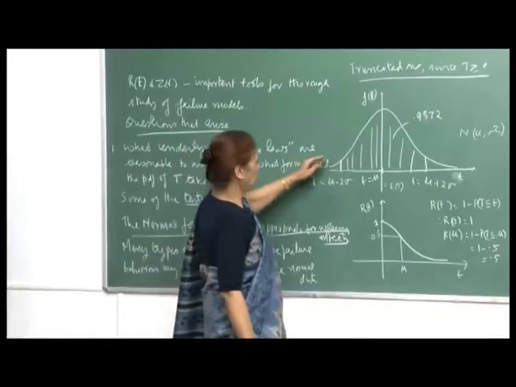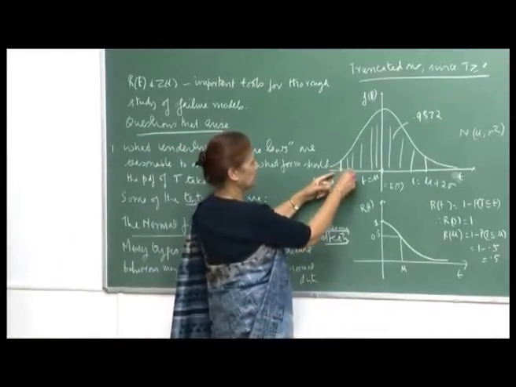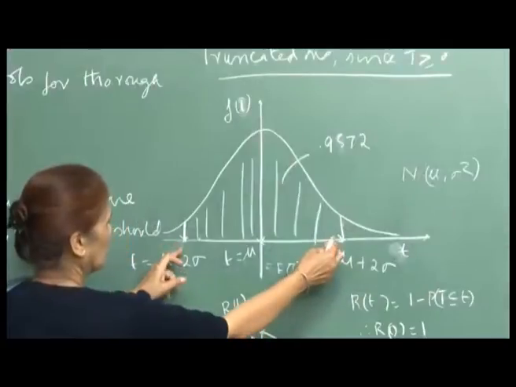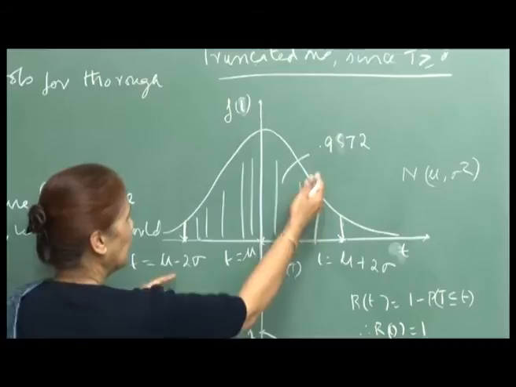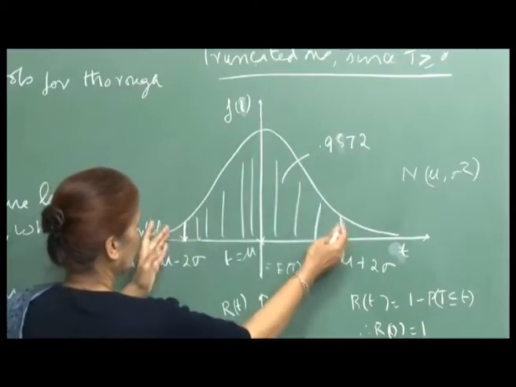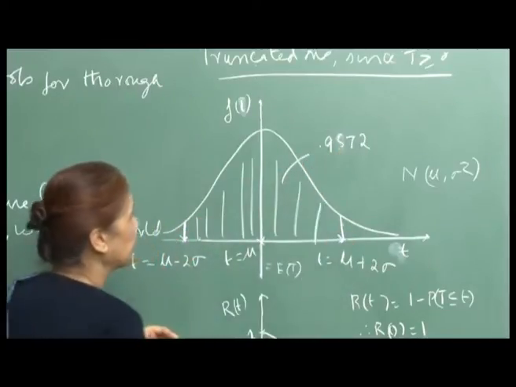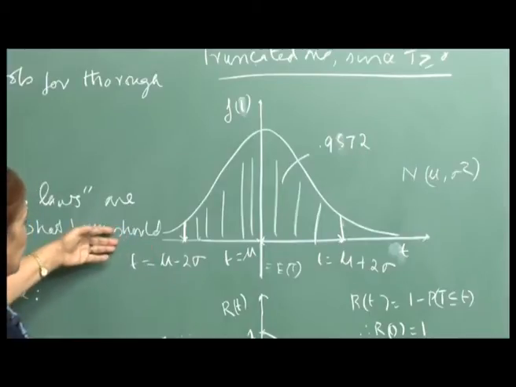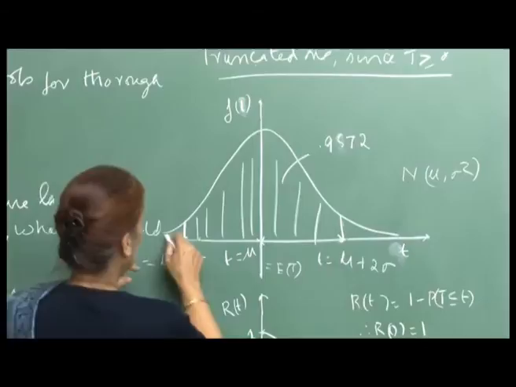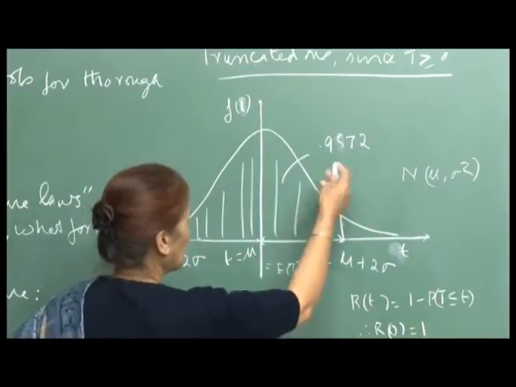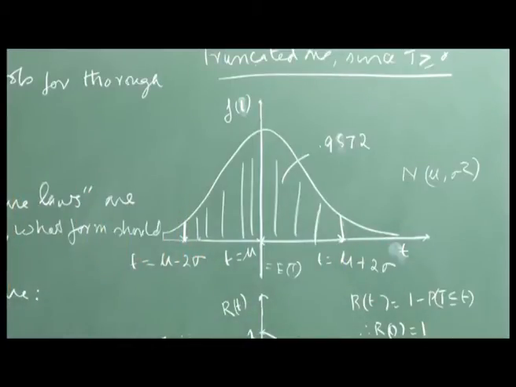And we know that if you take the area between mu minus 2 sigma and mu plus 2 sigma, then the area is 0.9572, and if you go up to mu minus 3 sigma and mu plus 3 sigma, then of course very little area is left out. It is almost 0.99 something within these two limits.